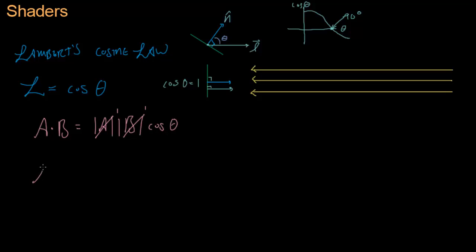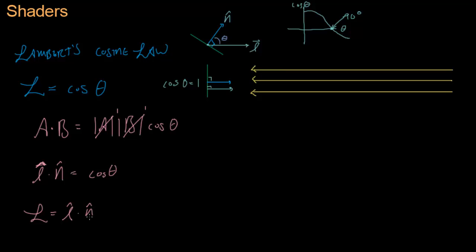Or in other words, the vector L dot the vector N, and really these should both have a hat, they're both going to be unit length, is cosine theta. So L dot N is cosine theta, and Lambert's cosine law is cosine theta. That means we can say Lambert's cosine law is just L dot N. That's how we're going to calculate it.